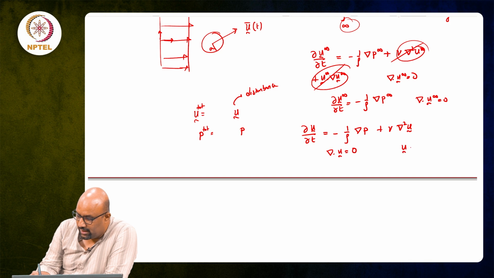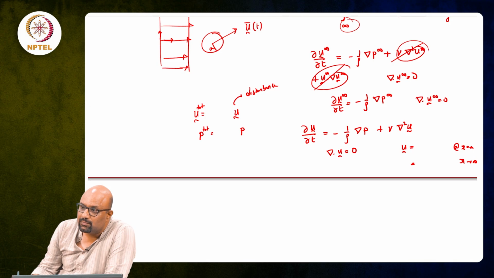What is the boundary condition at r equals a and as r goes to infinity? At r equals a, what is the boundary condition? So, in the lab reference frame, the boundary condition is the particle velocity.